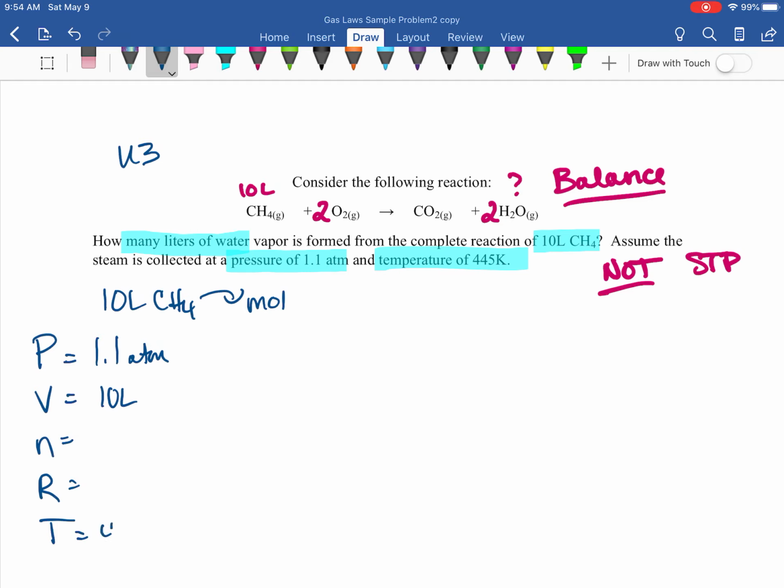We are at 1.1 atmospheres. Our temperature is 445 K. Oh, let's not forget a number. And we know this constant. And then what are we missing?